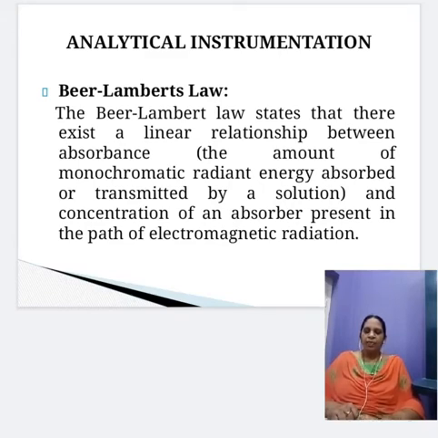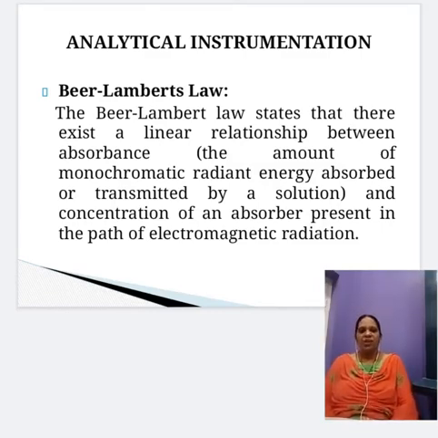Now coming to the combination of these two laws, we have the Beer-Lambert law. It states that there exists a linear relationship between absorbance, that is the amount of monochromatic radiant energy absorbed or transmitted by the solution, and the concentration of an absorber present in the path of the electromagnetic radiation. It is both these two laws.